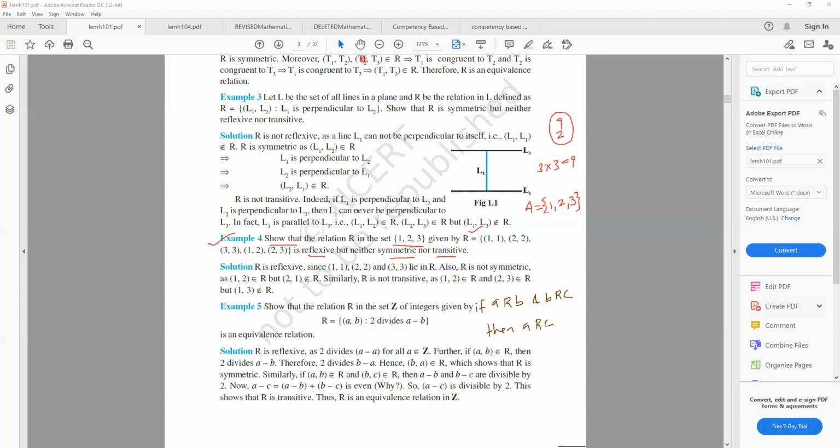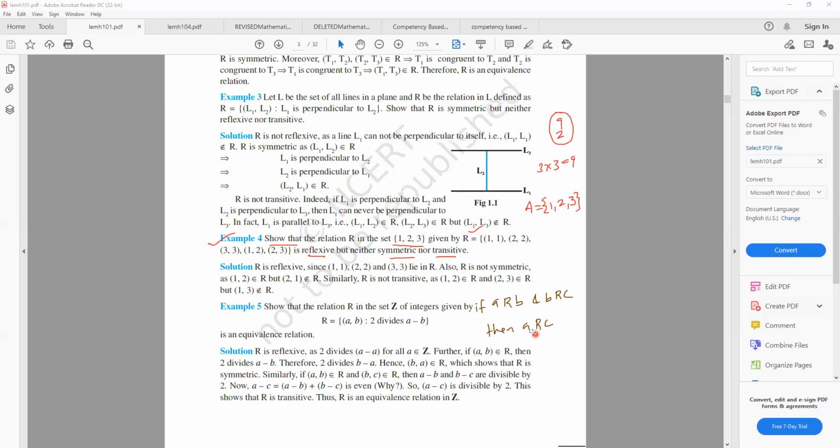So मान लीजिए transitive में A related to B and B related to C, ऐसे दो pair आपका रिलेशन में नहीं है तो the relation will be not transitive. ऐसे दो pair नहीं है तो automatically by default relation will be transitive. ठीक है, see the difference. अगर A related to B है and B related to C है, then transitive होना है तो A must be related to C होना चाहिए.